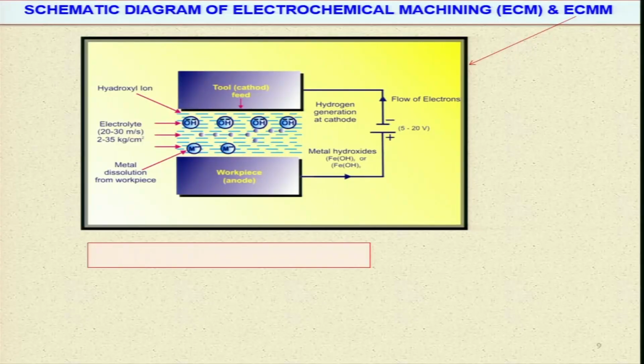Here you can see hydroxyl ion is there and this is the metal dissolution from workpiece. Normally in case of ECM, 20 to 30 meter per second is the flow velocity of the electrolyte at 2 to 35 kilogram per centimeter square pressure, and the voltage used is 5 to 20 volts. In some cases you can even go up to 30 volt in case of ECM.